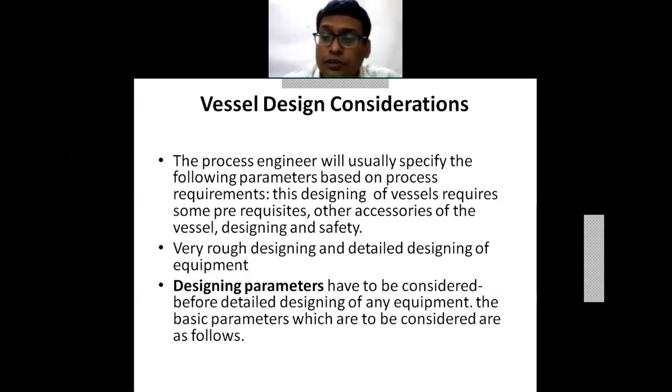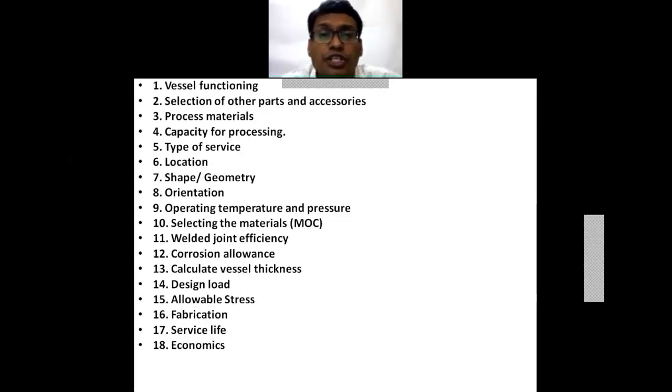So these different parameters can be taken as the vessel functioning, the selection of the parts and the other accessories, which depend on the vessel functioning, that is, the different internal parts associated with that vessel.